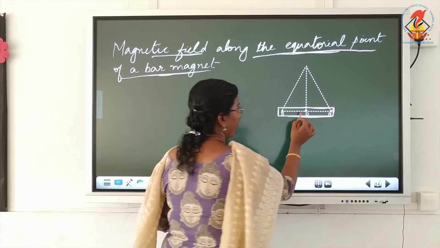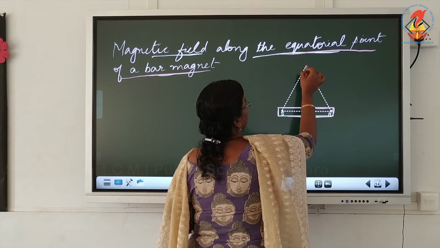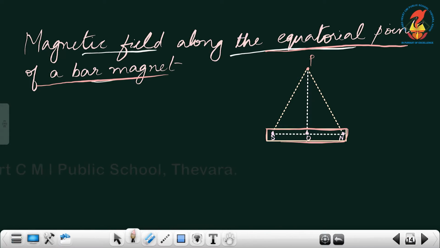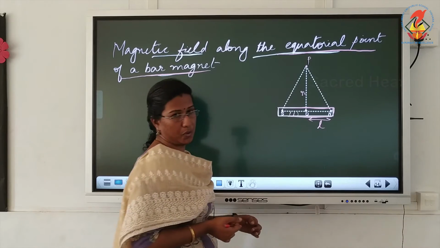I am going to find out what is the effect at point P along the equatorial axis. Now, point P is at a distance R from the bar magnet, and the distance from the center of the magnet to the south pole is L. Similarly, the distance from the center of the magnet to the north pole is also L, because the total length is 2L.